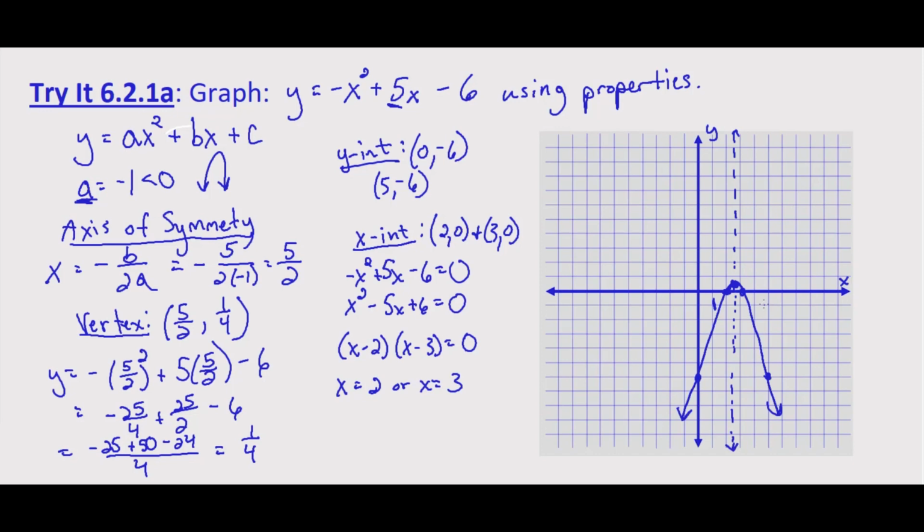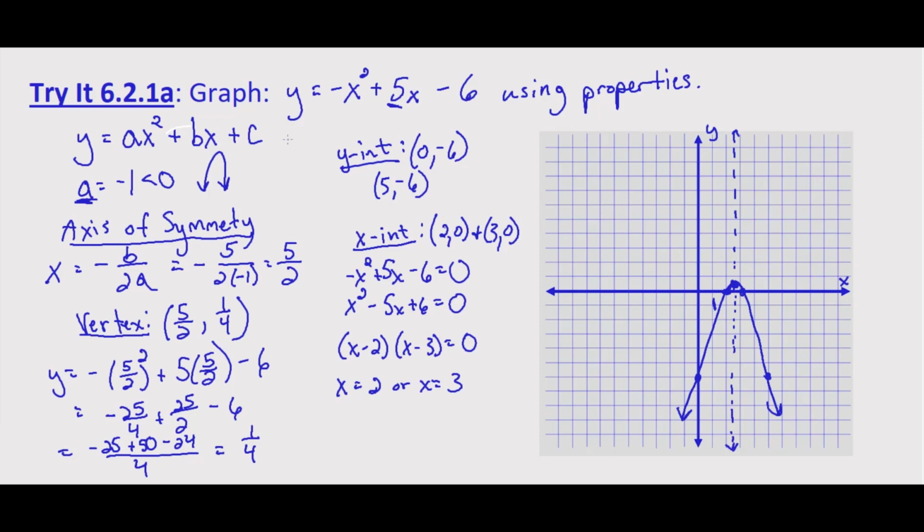So just to recap, graphing a quadratic using properties, we started off by looking at the leading coefficient. If it's negative, that means that the parabola, the quadratic, is opening down. If it's positive, that means it's opening up. In this case, it was negative. We found the axis of symmetry using the formula x equals -b over 2a when we have the form y equals ax² plus bx plus c, the standard form for a quadratic.